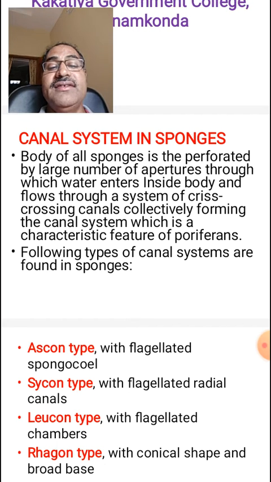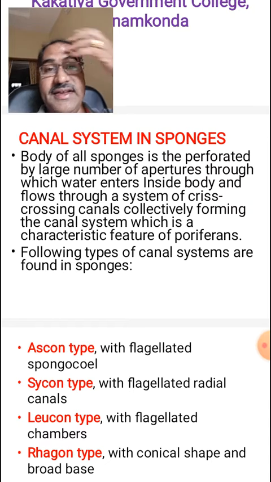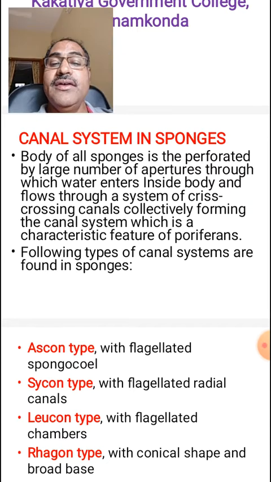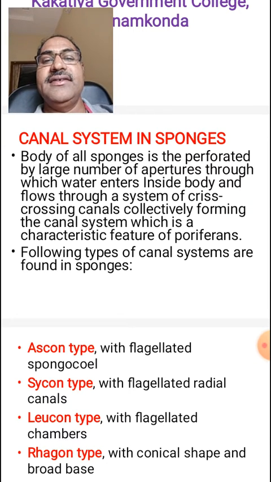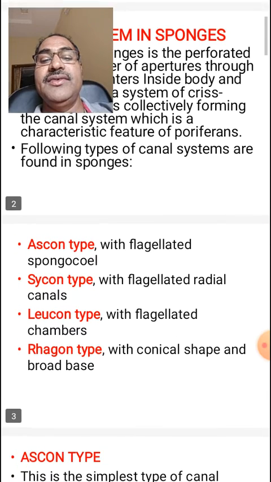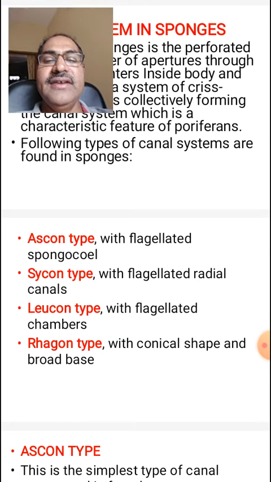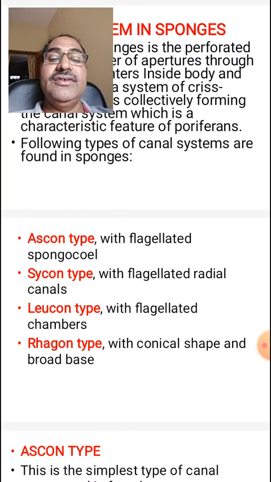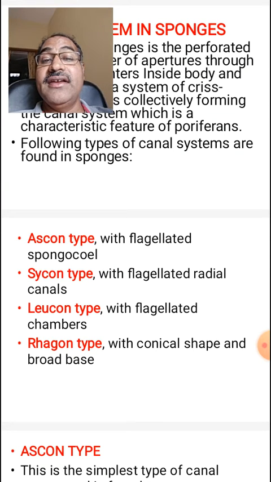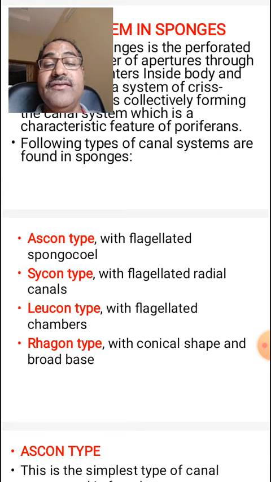So these canal systems are classified into four categories. First one is the Ascon type of canal system, with a flagellated spongocoel. Second one is the Sycon type, which contains flagellated radial canals.